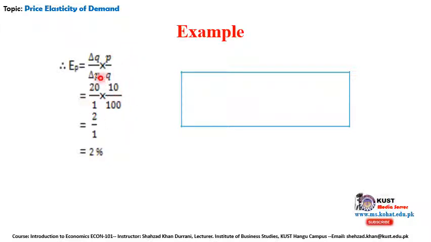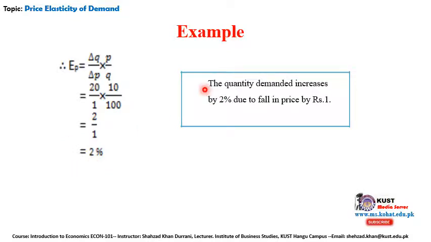So after the calculation, you will get 2 divided by 1. So it means that you are getting it in percentage, the price elasticity of demand is 2%. So what does it mean? It means that the quantity demanded increases by 2% due to the fall in price by rupees 1.